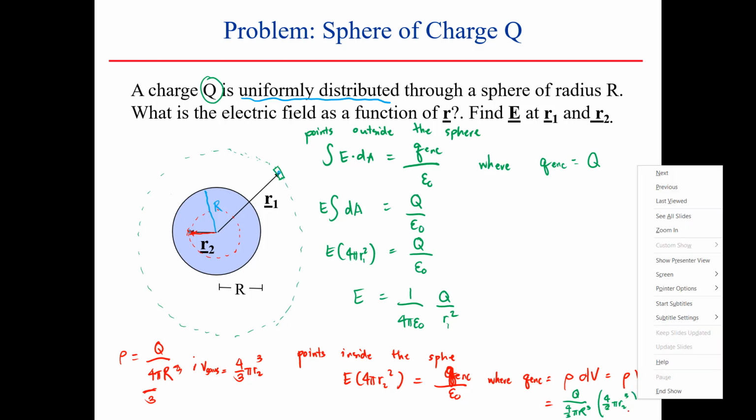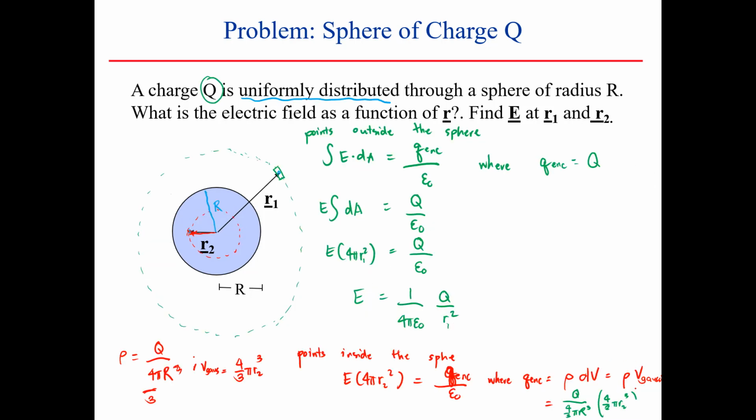Okay? So we can cancel the 4/3 pi, and we are left with Q multiplied by R sub 2 cubed over R cubed. As you can see, this is less than Q, because your R sub 2 is smaller compared to your R. So this is your Q enclosed.